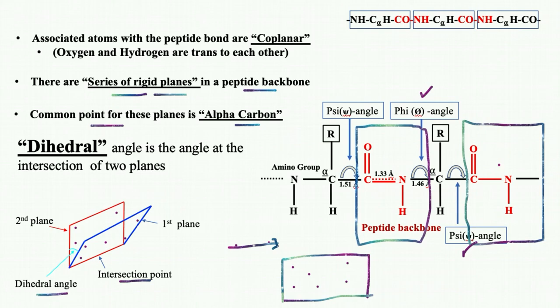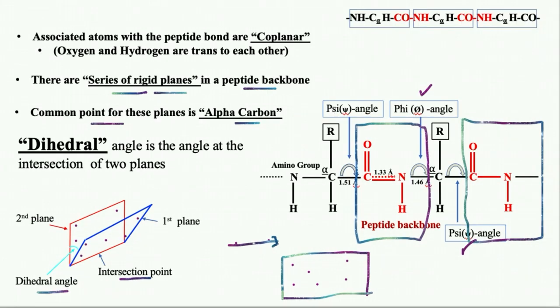But in actual fact, this is not the case because we have a very limited conformation of the protein. So the movement of these rigid planes with reference to one another is very limited. There are very limited places where these rigid planes can sit in a favorable position.